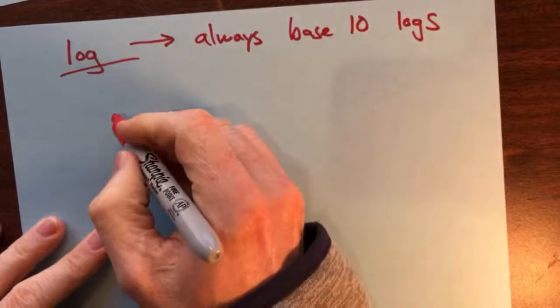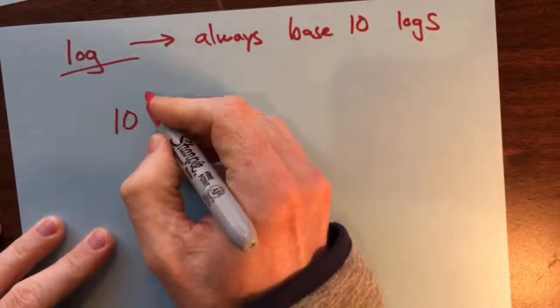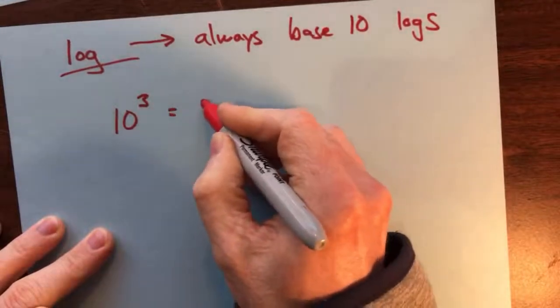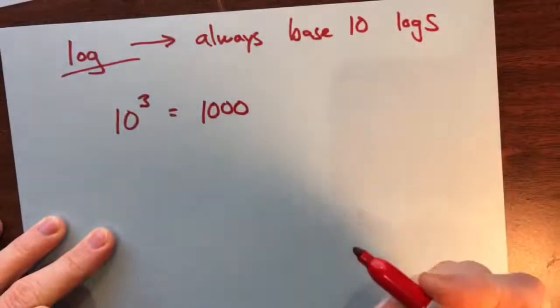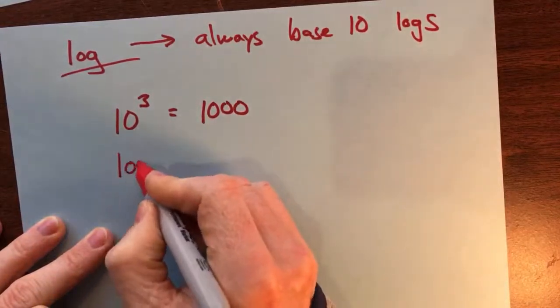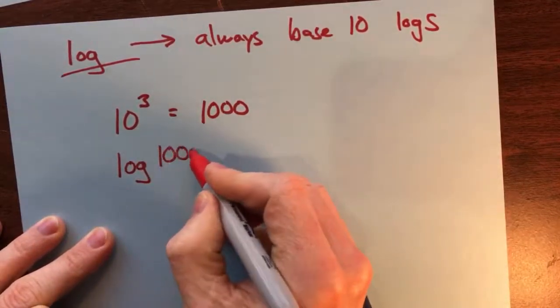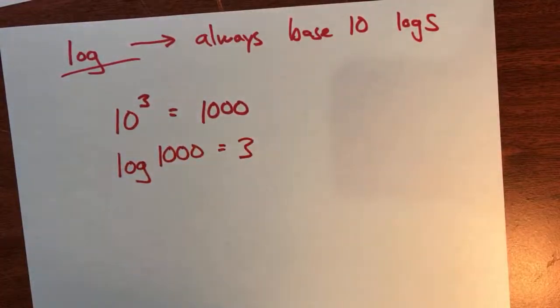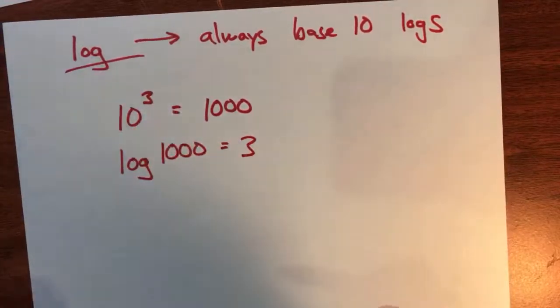So when you talk about, let's say, 10 to the third equals 1,000, let's turn that into a log, okay? So it's going to be log of 1,000 equals 3. It's the inverse of this whole exponential.